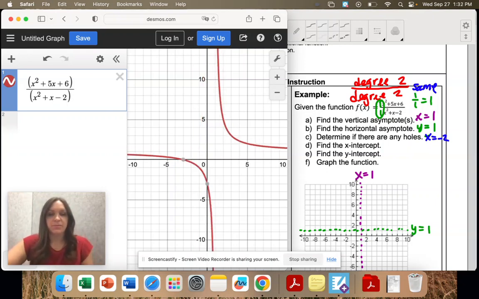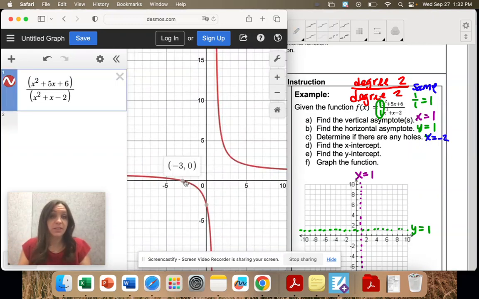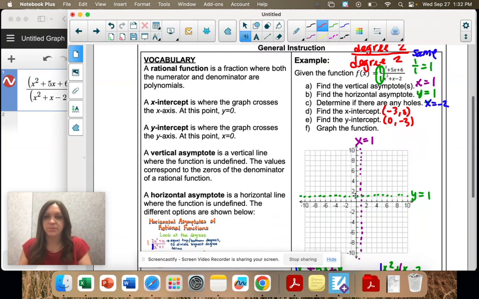That doesn't look right. There we go. So here's our intercept. So negative 3, 0 is the x. And then 0, negative 3 is the y. So negative 3 and negative 3.